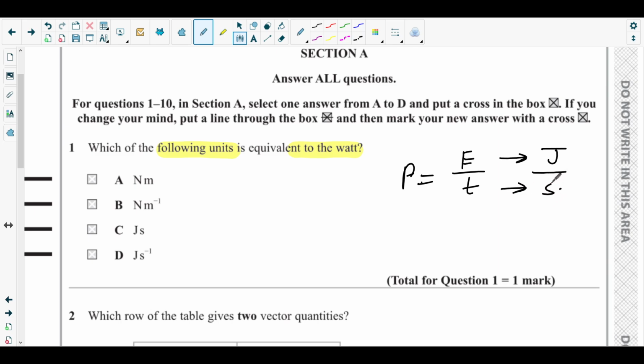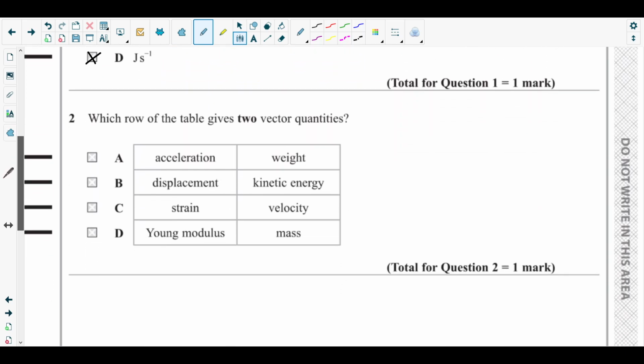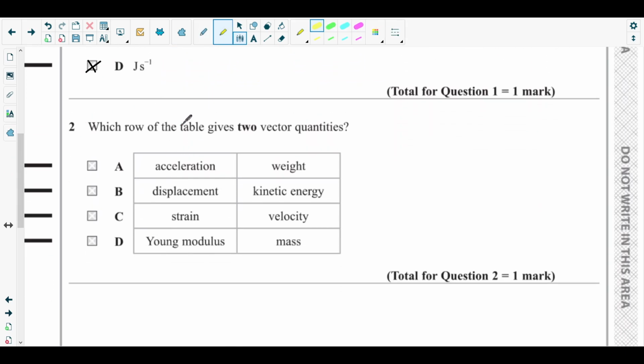So that means joule over second, which is joule second inverse, which is D. So D is the answer. Okay, next, question 2.